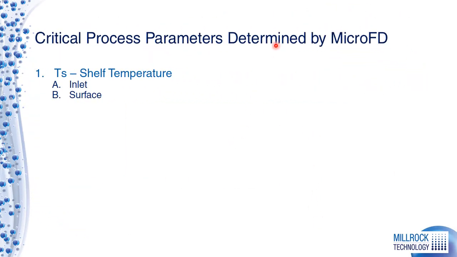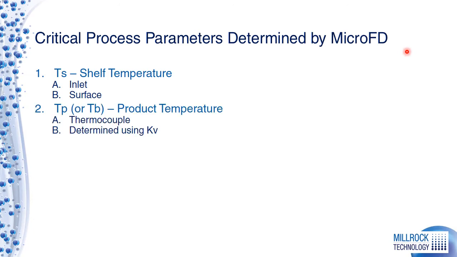What critical process parameters can be determined by the MicroFD using Accuflux and LyoPack software? Obviously, we can do the shelf temperature. We can either use the shelf inlet temperature or the shelf surface temperature. We can determine the product temperature using a thermocouple, or conversely, we can plug Kv in and not use a thermocouple and determine what the product temperature is.